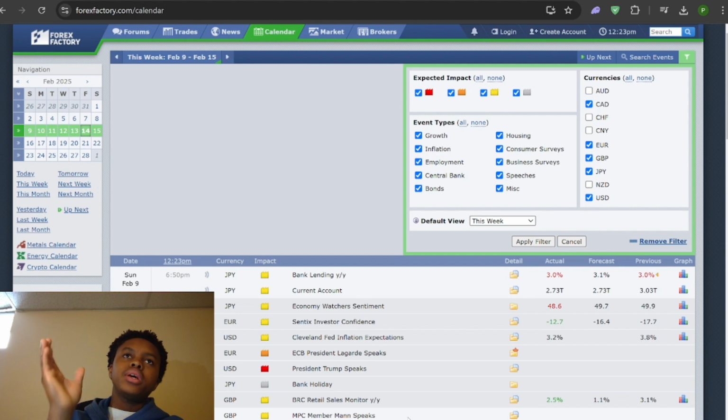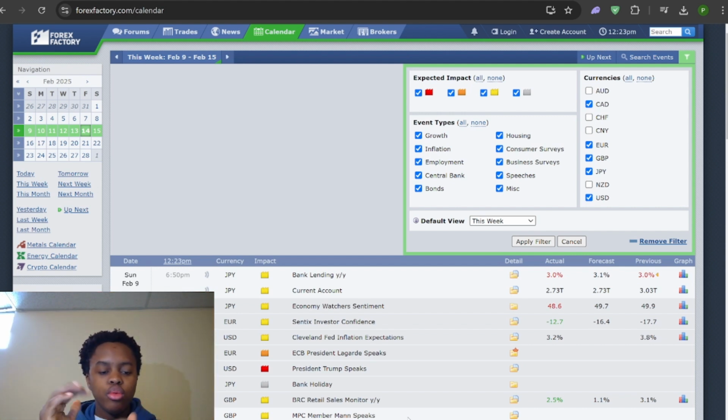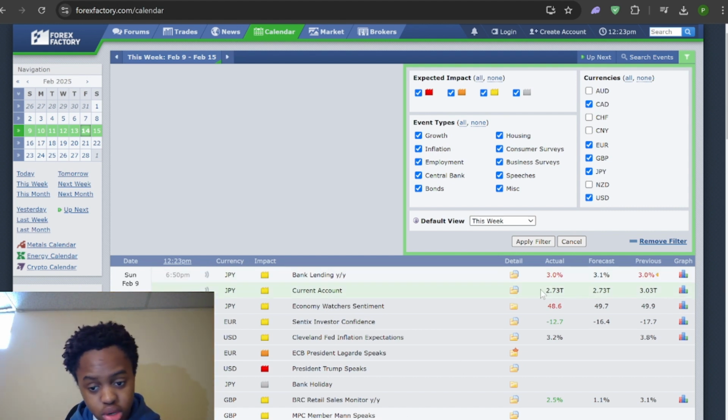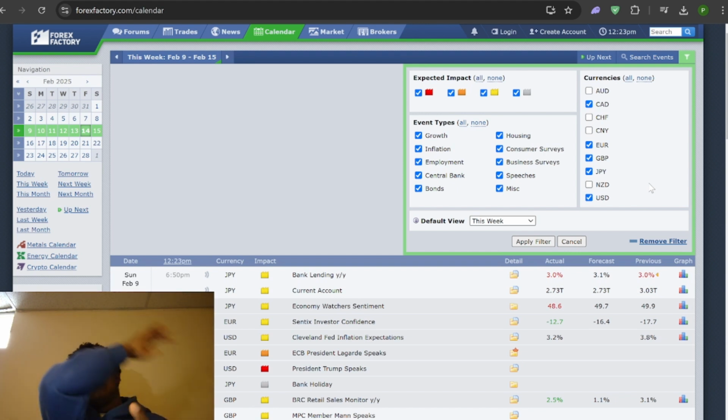Because if you don't have that up and down movement, the fluctuation of price and your money that you're in the trade with is going to be very slow. You get what I'm saying? So when it's slow, it takes time. Before you know it, the market is closed and your money is going to be on hold till the next day or the next week. It depends: if you're trading on Friday and you're still in a trade and the market is closed, the price point where you are is going to hold till the next week.